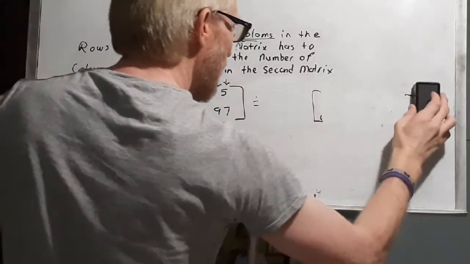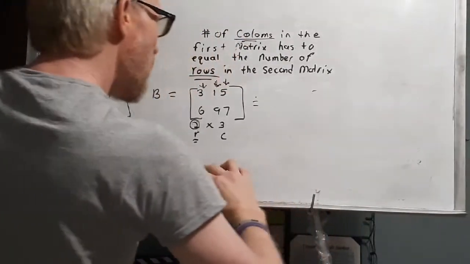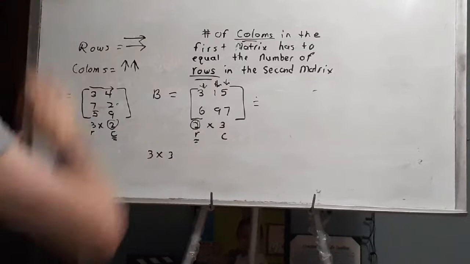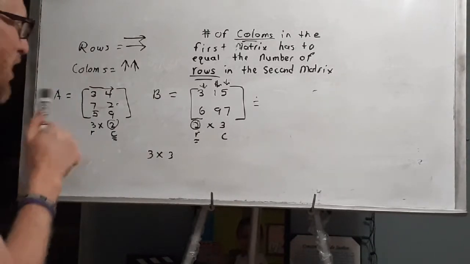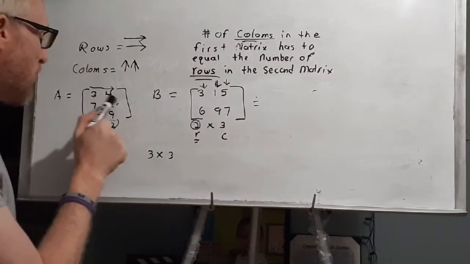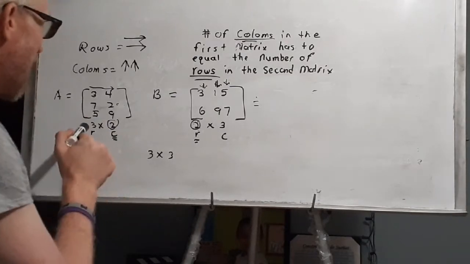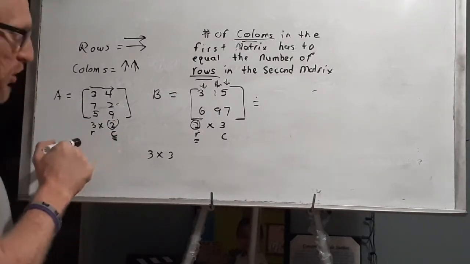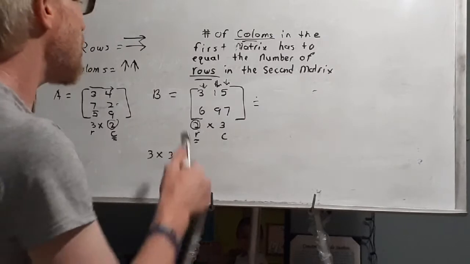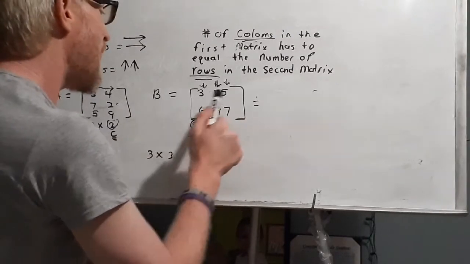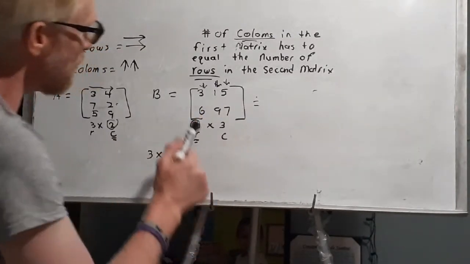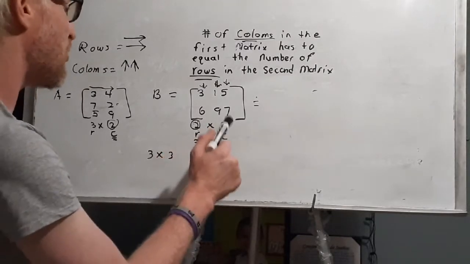Now what if you have the following matrices? What if we have matrix A, which is 3, 4, 7, 2, 5, 9, and that is a 3 by 2, so 3 rows, 2 columns, and matrix B is 3, 1, 5, 6, 9, 7, being 2 rows and 3 columns.